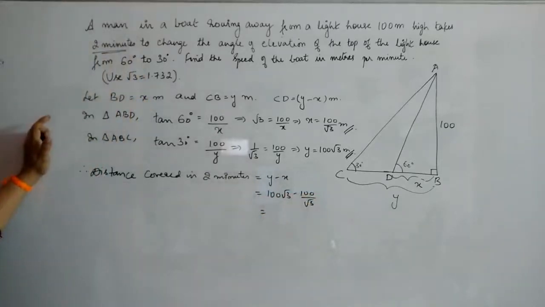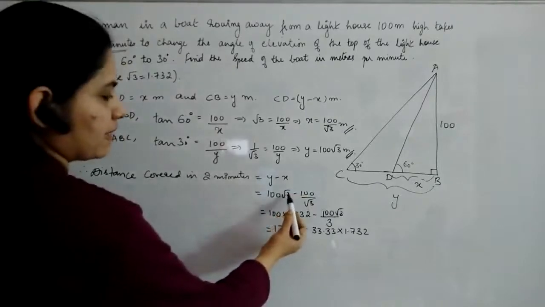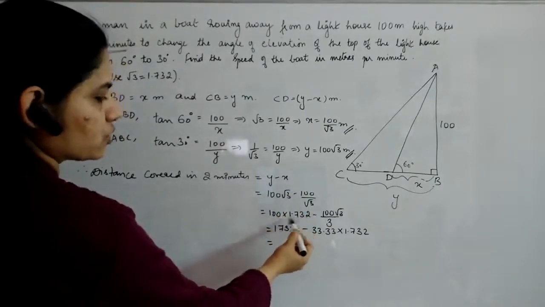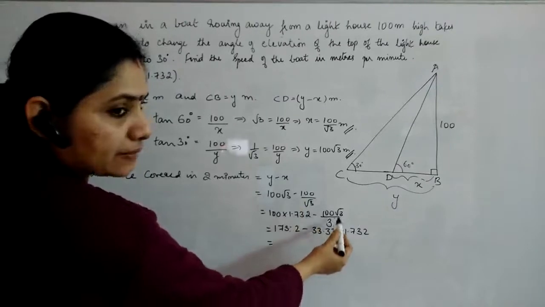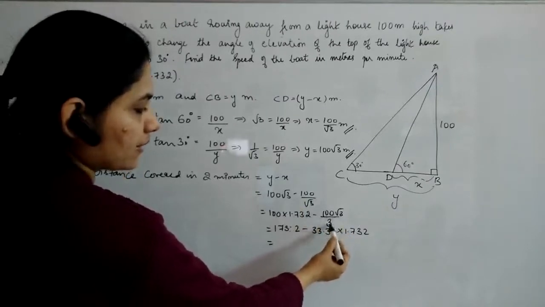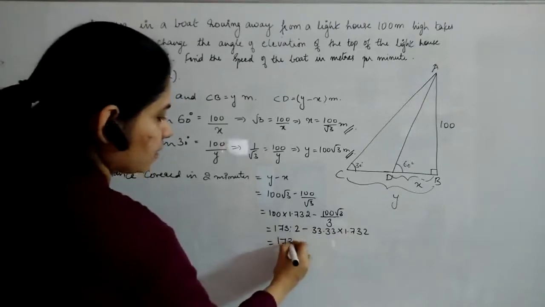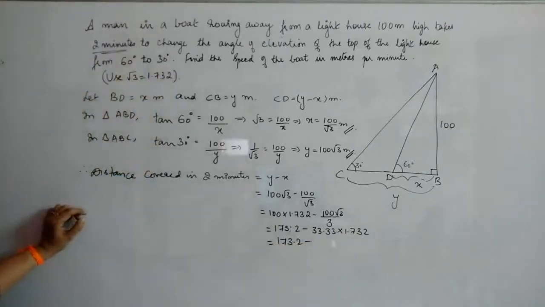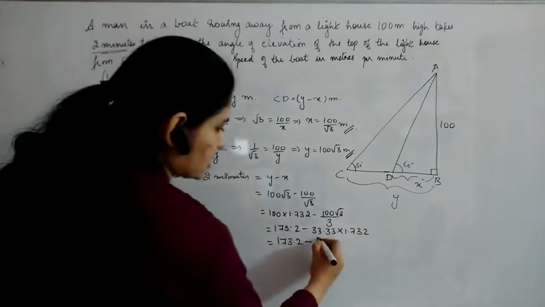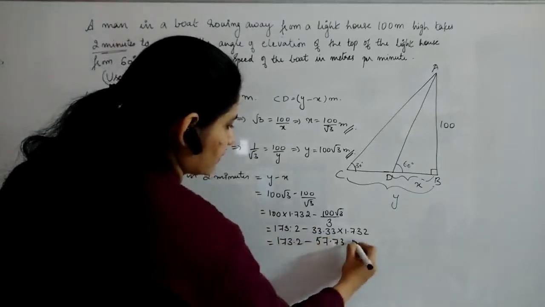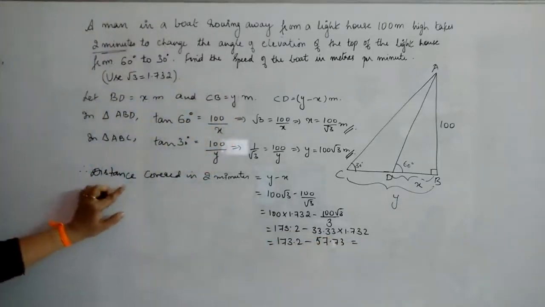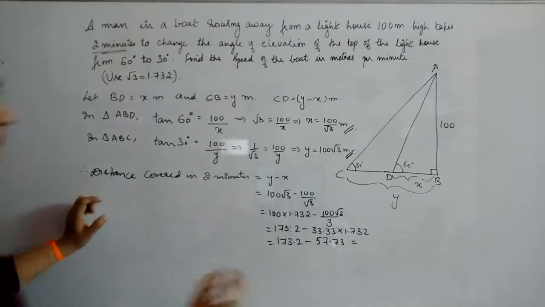Replacing root 3 as 1.732, and multiplying and dividing by root 3, you get 100 by 3 into root 3. So this becomes 173.2 minus 33.33 into 1.732, which is 57.73. So the distance will be 115.47.